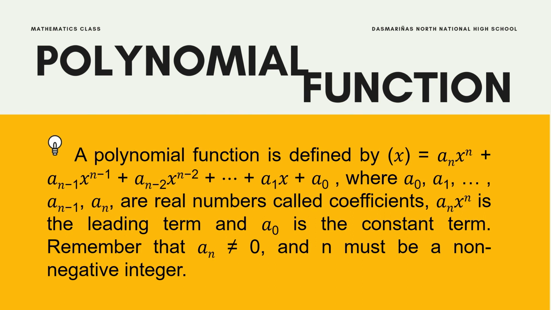A sub n times x raised to n is the leading term, and a sub 0 is the constant term. Remember that a sub n is not equal to 0, and n must be a non-negative integer.